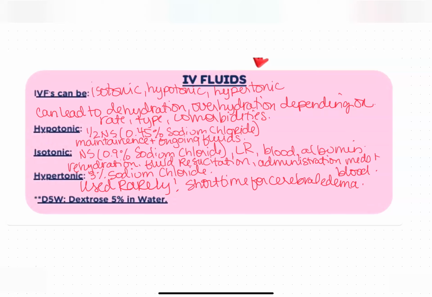Now, D5W is a very interesting fluid because in the bag, dextrose makes it hypertonic. However, once it's infused in the body, it becomes hypotonic. And the reason being is because the dextrose, or the sugar, is metabolized off.